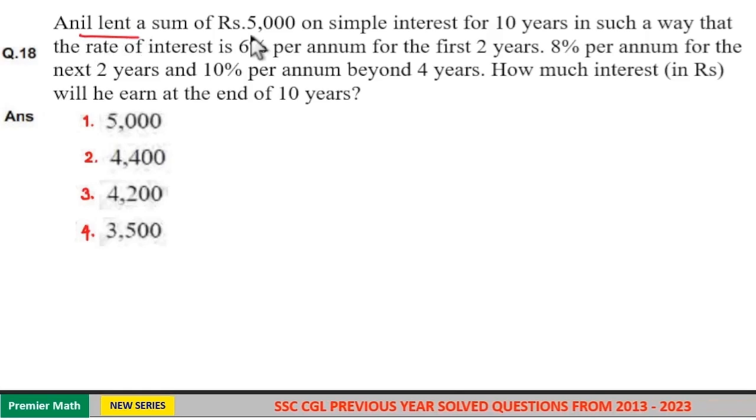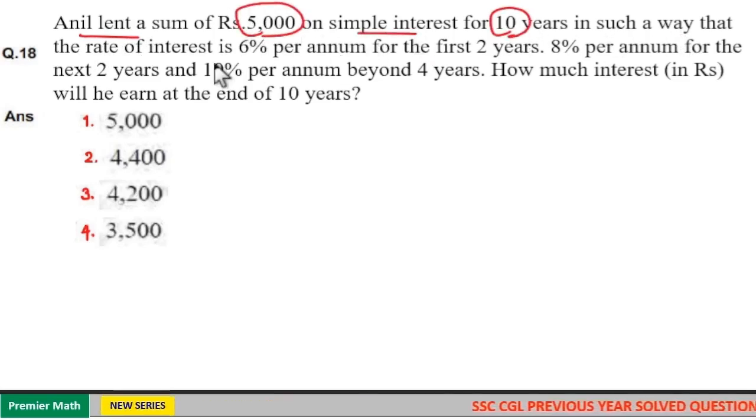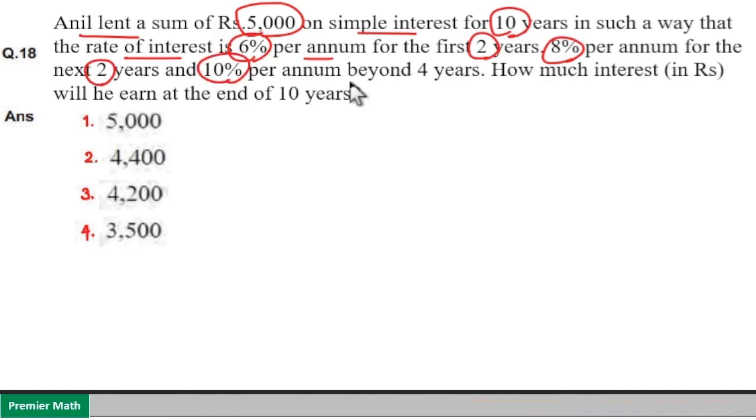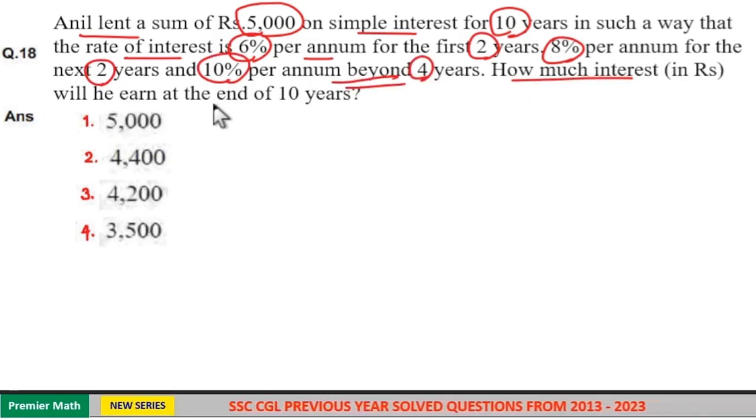Anil lent a sum of rupees 5,000 on simple interest for 10 years in such a way that the rate of interest is 6% per annum for the first 2 years, 8% per annum for the next 2 years, and 10% per annum beyond 4 years. How much interest will he earn at the end of 10 years? Here total principal is equal to 5,000 rupees.